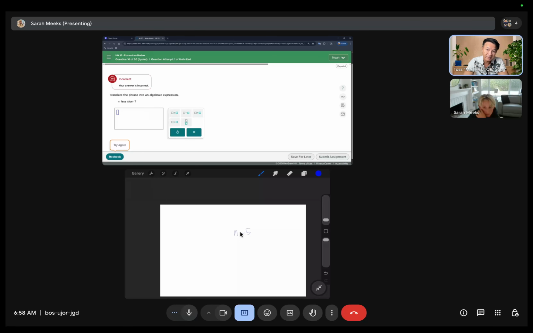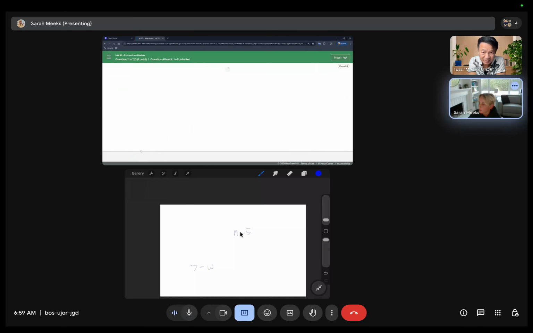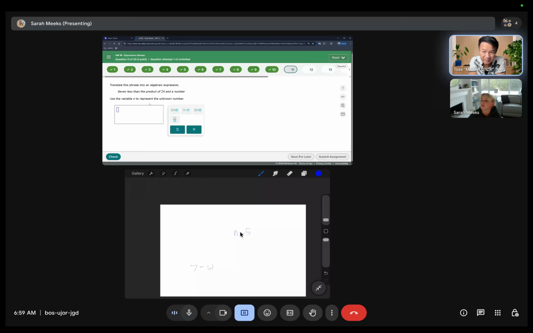That means if they say W less than a number, but the number is 7, you have to write 7 minus W. You'll get used to this. So the final answer is 7 minus W. A lot of this is something you'll get used to eventually. This is a tricky phrase.